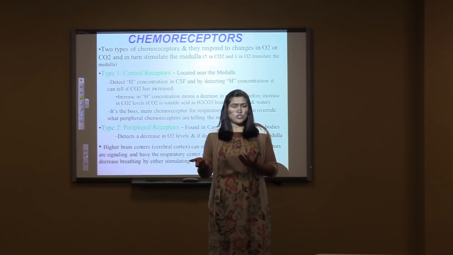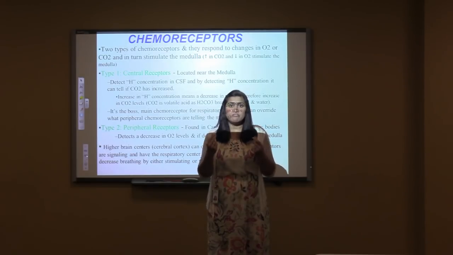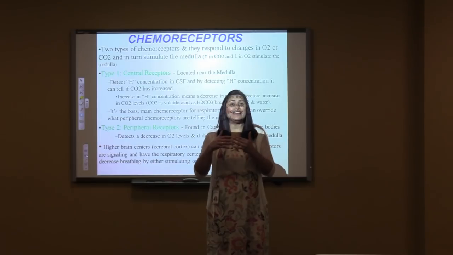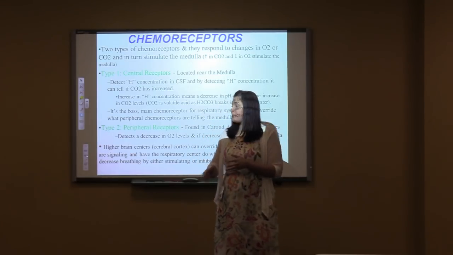You don't have low oxygen, you don't have a lot of hydrogen, meaning CO2, but why is it that your respiratory rate can increase? You can breathe really fast. Because your higher brain centers are telling you. So higher brain centers, like your cerebral cortex, can override the central and peripheral chemoreceptors and tell the respiratory center what it wants it to do.